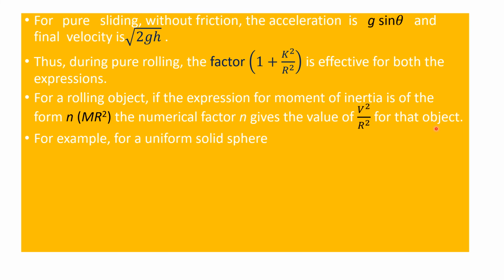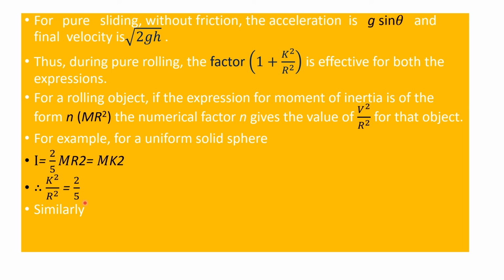For example, for a uniform solid sphere, I is equal to 2 by 5 m r square is equal to m k square, and hence the m k square upon r square gives the value of 2 by 5.